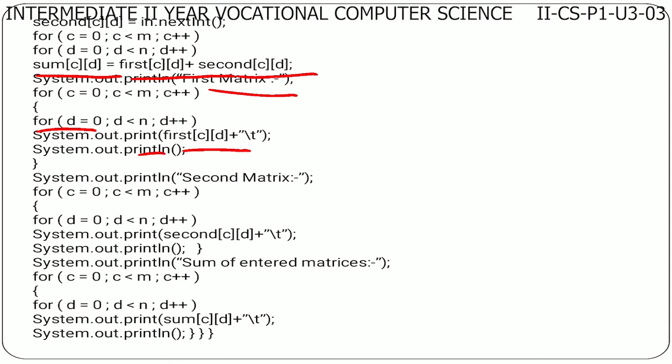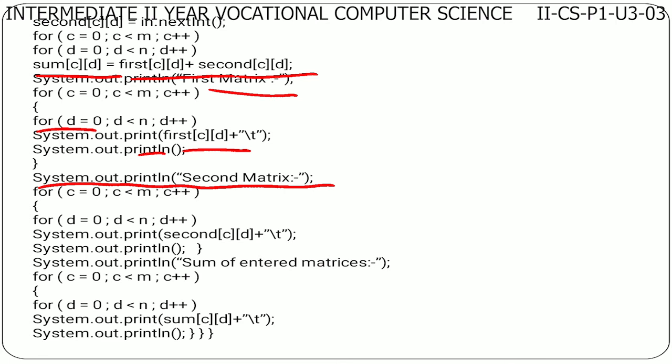With this statement, I am printing the values of the first matrix. Then same thing, System.out.println("Second matrix"). For the second matrix also, I am using a for loop for printing. So the second matrix is printed in the same way.